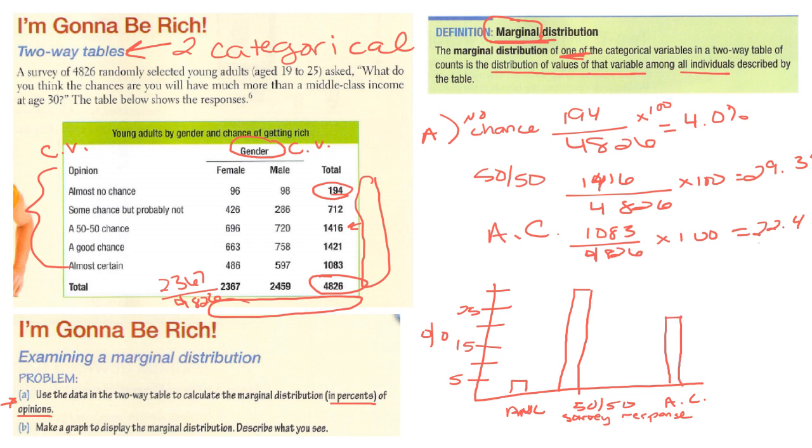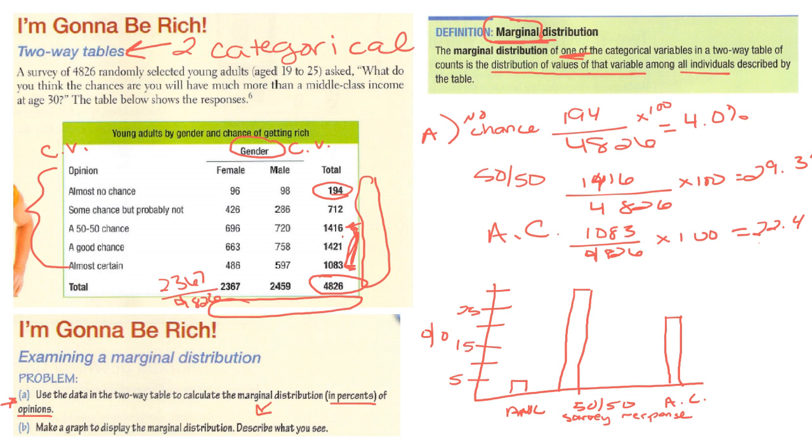Okay, and I'm not done though, because my question asked me to describe what I see. So I would want to take a look at that, if there's any extremes, if there's anything that's close to the same. For example, if we had calculated out all 5 of them, a lot of young people are pretty optimistic about their future, there's high numbers of them that think they're going to be doing pretty well.